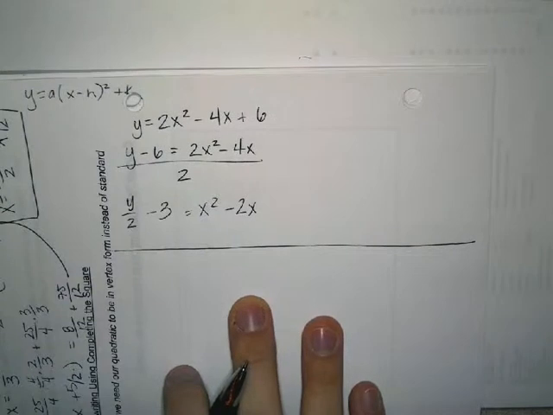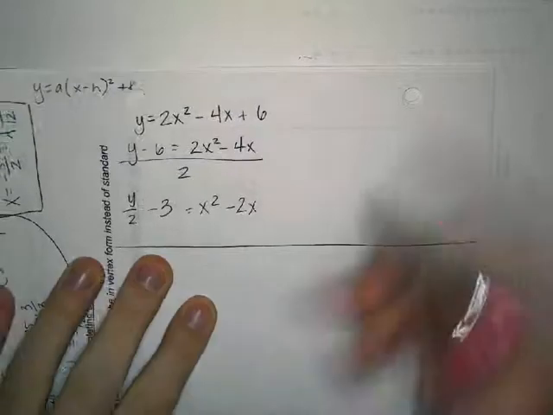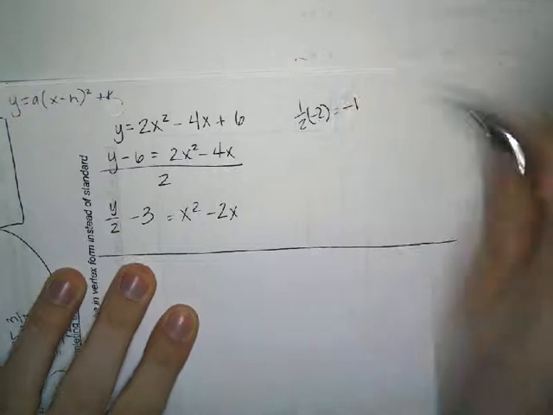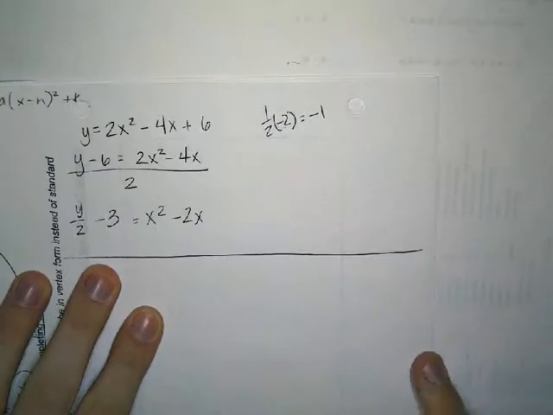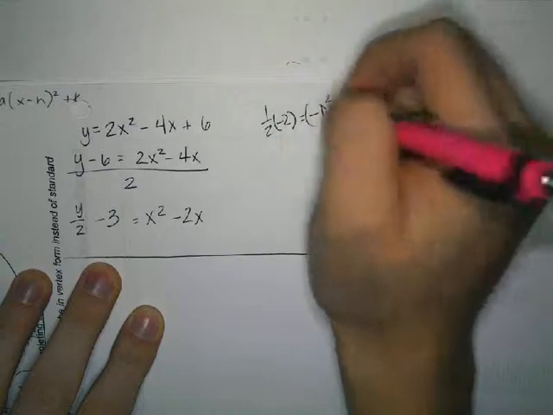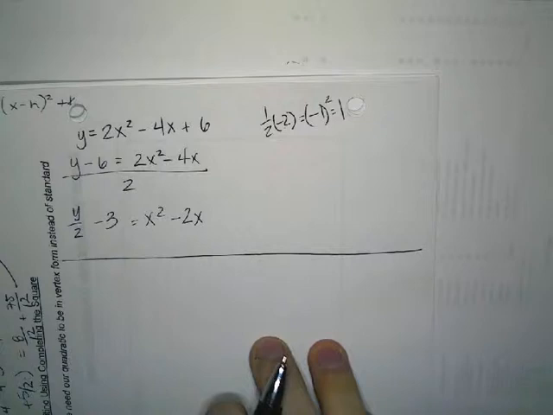All right. We have moved c over. We've divided by a. The next step is to take half of b. What's my b value? Negative 2. So, half of negative 2 is negative 1. And then what do I have to do to that? Square it. Negative 1 squared is 1.